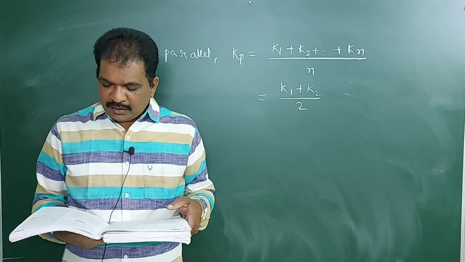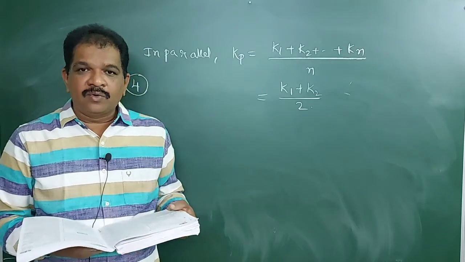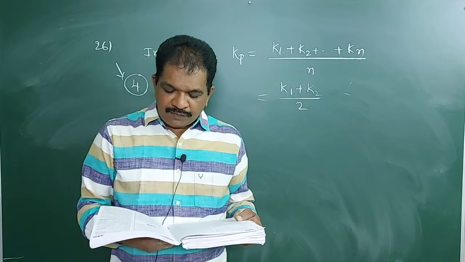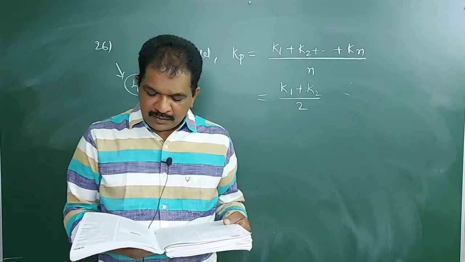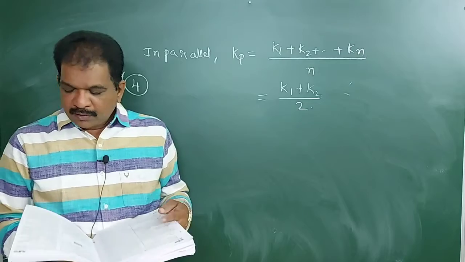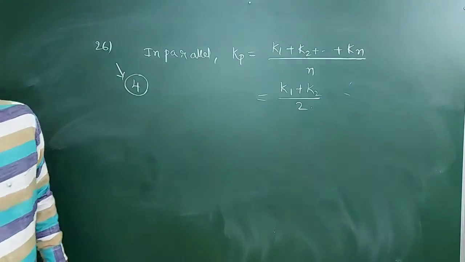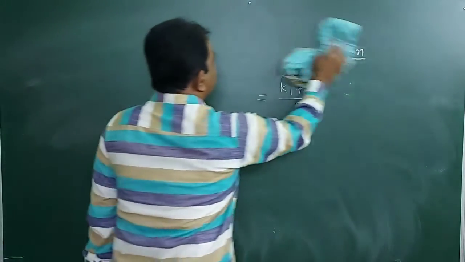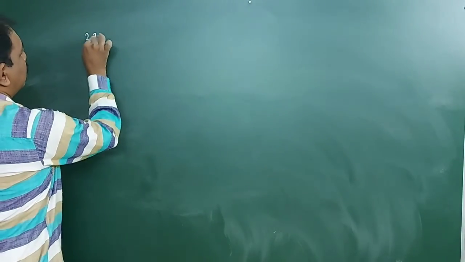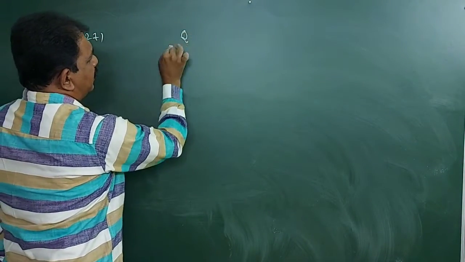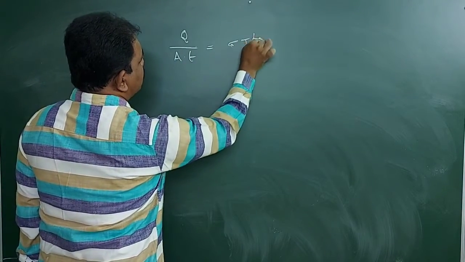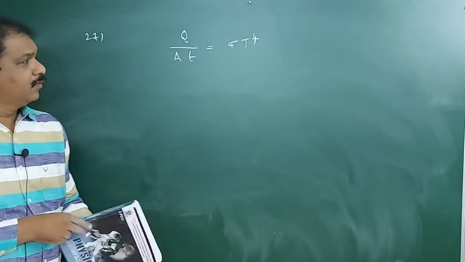Next, 27. A spherical black body with a radius of 12 centimeter emits 450 watt power at 500 Kelvin. The radius is halved and the temperature is doubled. Power radiated is the same, Stefan's law. Energy emitted per unit area per unit time is equal to sigma T power 4.